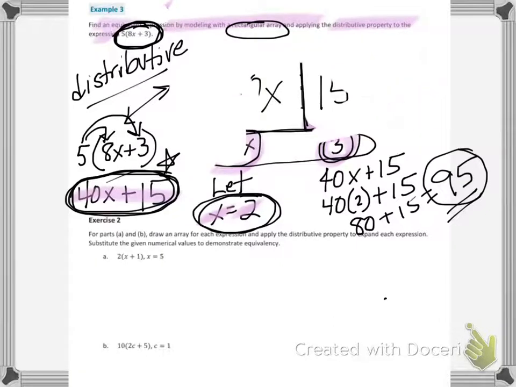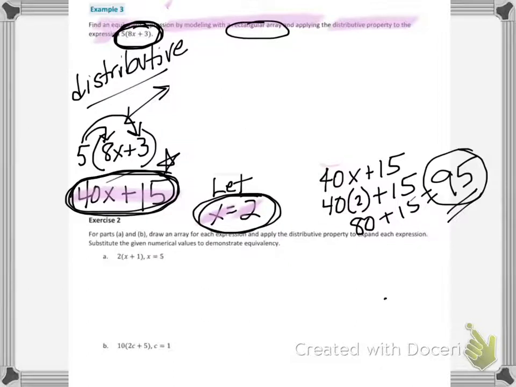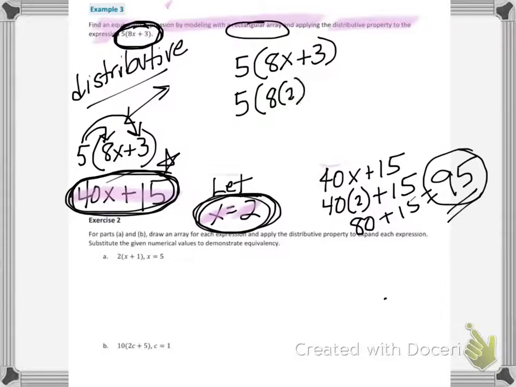We can test that equivalency by using that original expression up here, 5 times 8x plus 3, and plugging in our 2, because we're going to let x equal 2. So we would have 5, and then 8 times 2 plus 3 in parentheses.